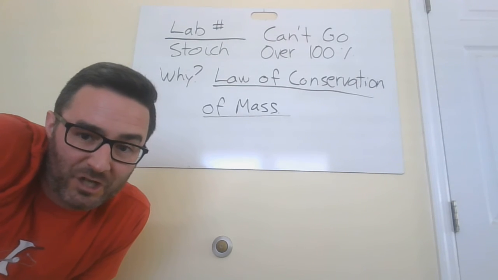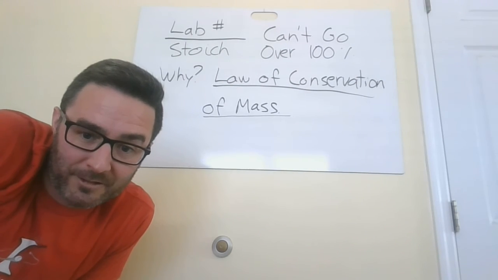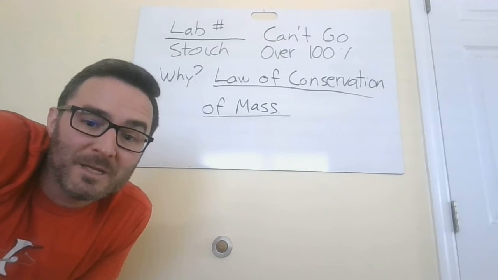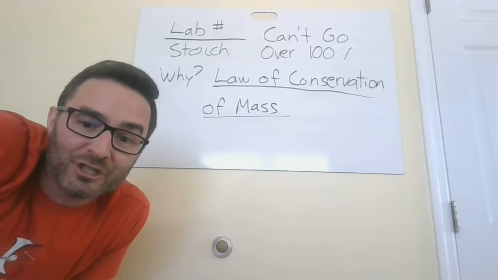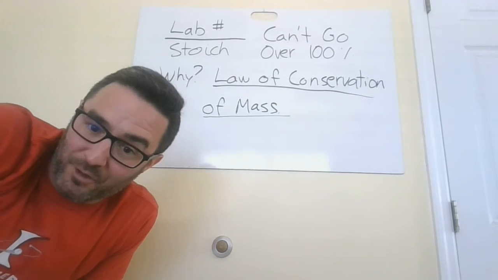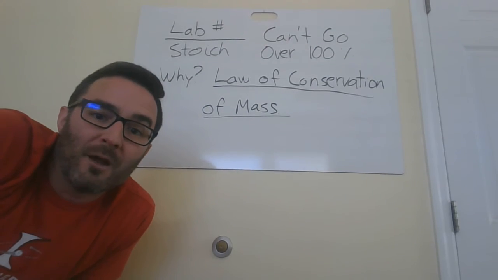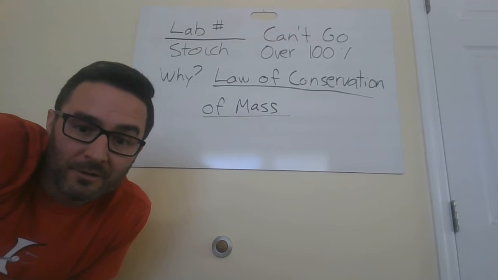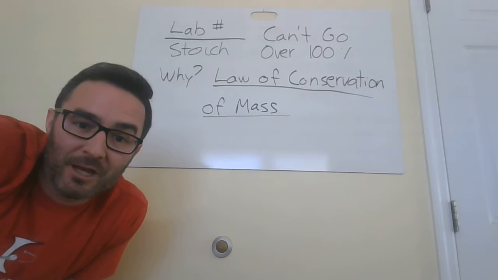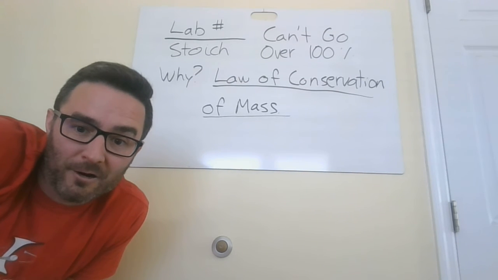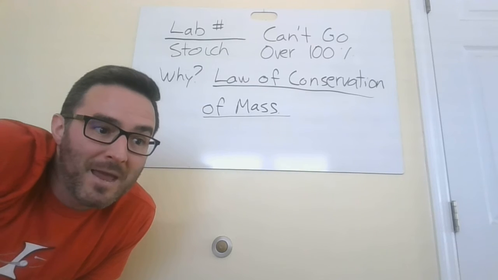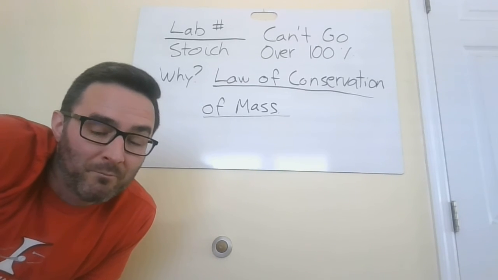So you can get a percent yield up to 100%. And if it's less than 100%, it doesn't mean that you did everything right. It just means that it's possible that you did everything right. But if you get a percent yield that's over 100%, you've got to do some digging because you're saying, wait a minute, something's wrong here. Maybe I did a math error. Maybe I calculated something wrong. Maybe in the lab, my scale was off.